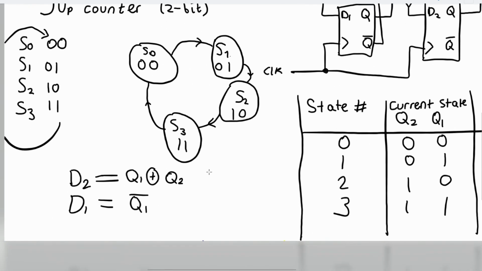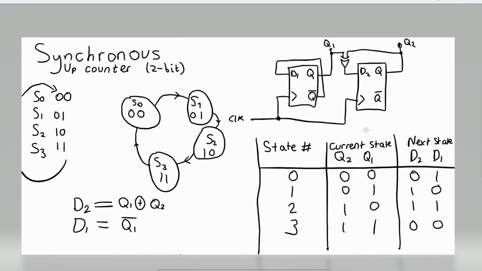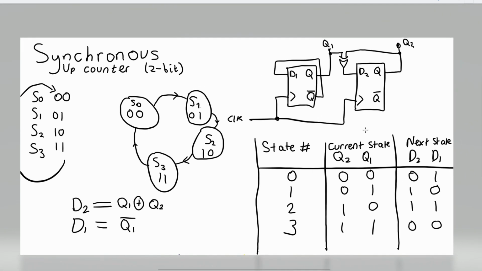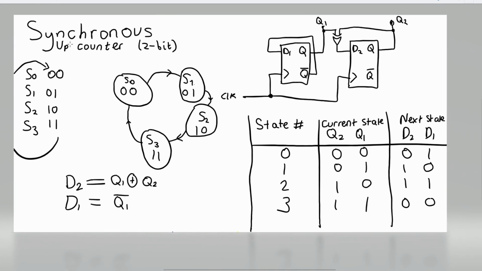But if you had something like Q1 plus Q2 and Q1, or something like that, and then just a bunch of logic, then you want to simplify it so you don't use as many gates. But I'm going to leave this here, and I'm going to elaborate further on state diagrams in my next video with state machines.